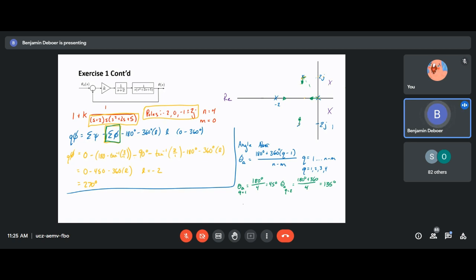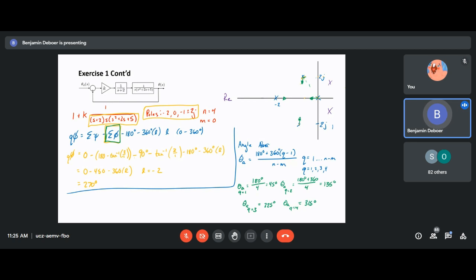Yes, and then if we continue that again, theta A with Q equal to 3, we get 225 degrees, and then theta A with Q equal to 4, we get 315 degrees. So what this allows us to do now is we can essentially plot these asymptotes.